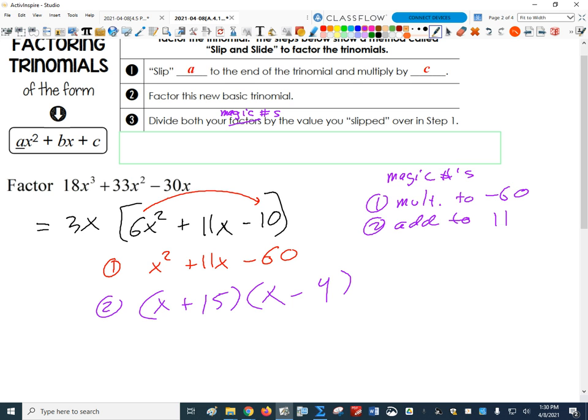Divide each of the magic numbers by a. Let me color code each of these steps. So step 3, we're just going to divide each of the magic numbers by a, which was 6, right?